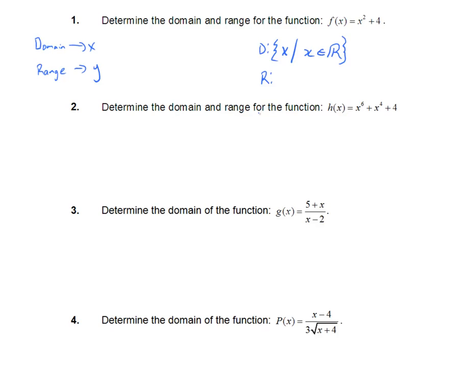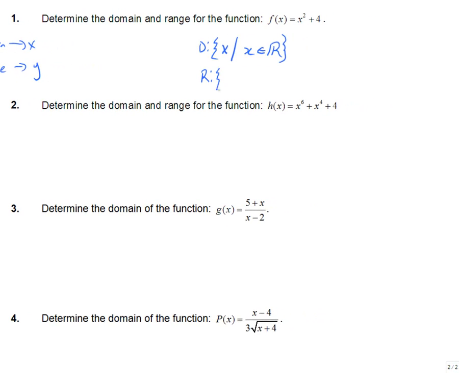The range then, we need to think about what happens when we plug in values of x. If we put in a value of x and then square it, we know this is always positive. It doesn't matter what goes in here, it's always positive, unless we put in 0, in which case it's 0. So maybe we should say it's always positive or equal to 0.